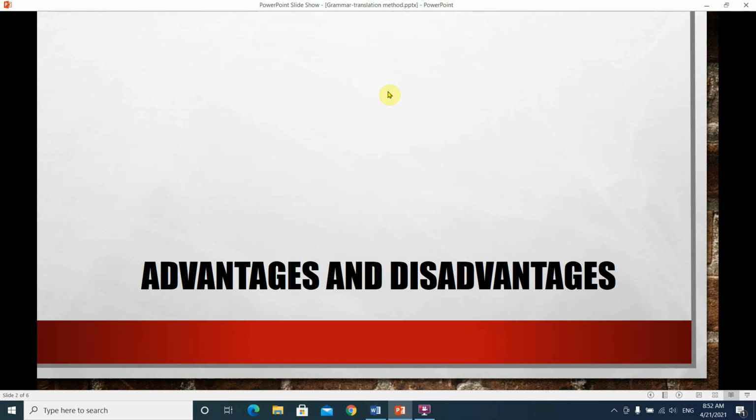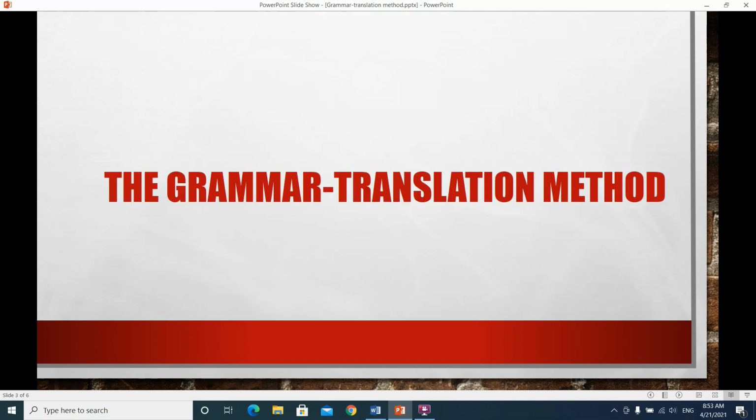It helps us to evaluate each method later on. When we finish talking about them, we are going to evaluate these methods. Which one is better than the other, or which one is the best teaching method. So keep this in mind, please. For every method, there are good points and bad points.